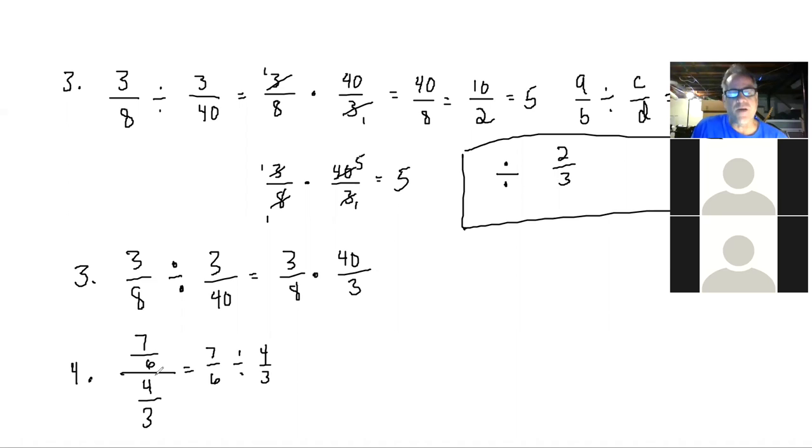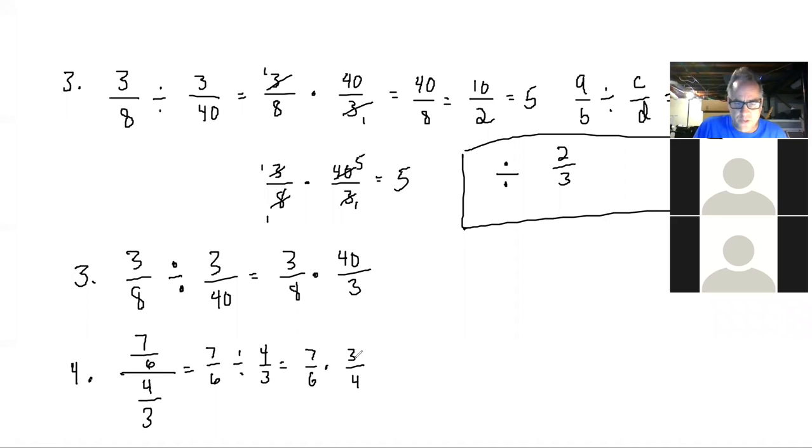And how do I simplify it? It's division. It's 7/6 divided by 4/3. So we already know that. How do I handle this? It's 7/6 times the flip of 4/3, which is 3/4. And then I multiply.